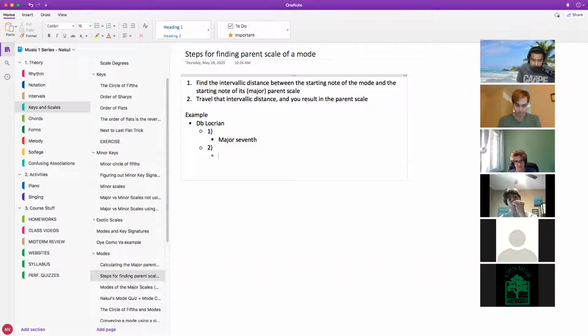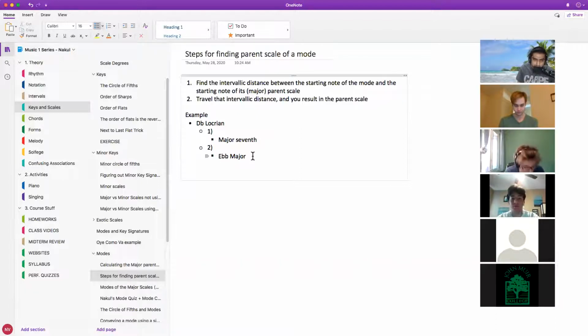You know, I haven't figured it out myself. Let me see. I think so. Yeah, because E flat would yield D, so E double flat would yield D flat. So it turns out that the parent scale of D flat Locrian is E double flat major. Ooh, that's very fun, isn't it?